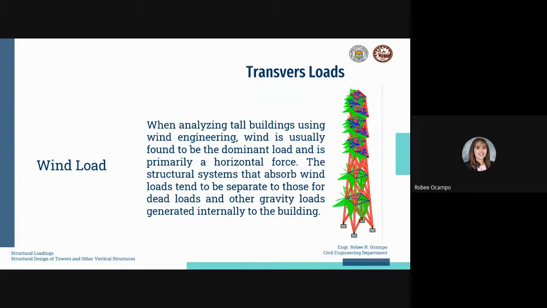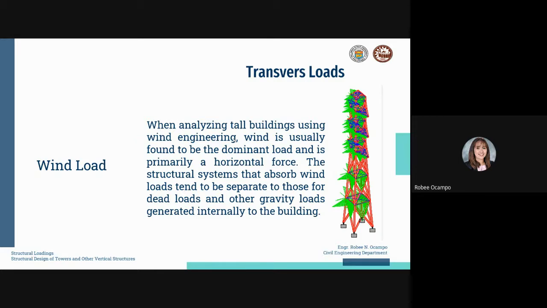Okay? So, ano ba yung mga factors, no? What are the factors in calculating or computing for your wind load? Okay? So, you have there the location, no? The location of your building. Aside from that, you could also consider the occupancy of the building, the exposure, no?